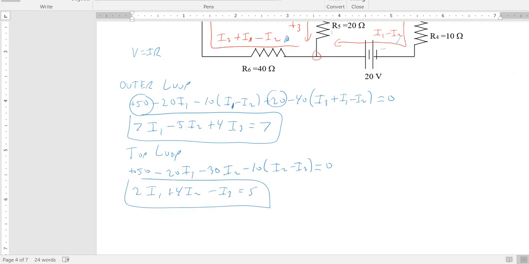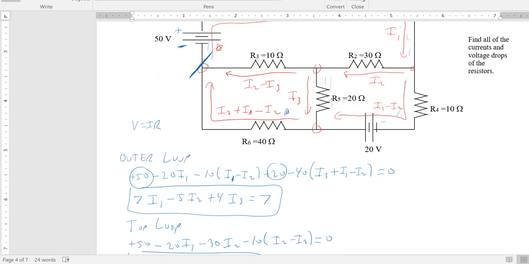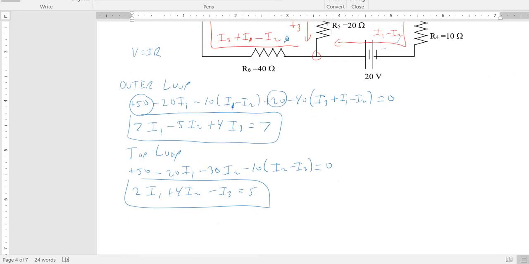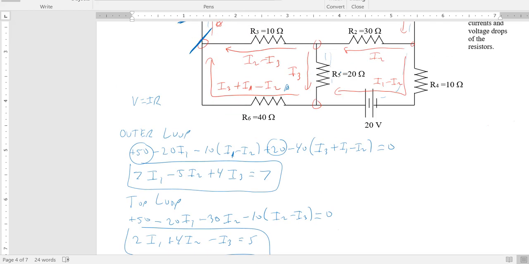And then finally, the only part of the circuit I haven't touched yet is this R5 part. Okay, so I could pick any loop that includes the R5 part. For this discussion, I'll pick the bottom right loop. That will include that 20 ohm resistor there, the R5.